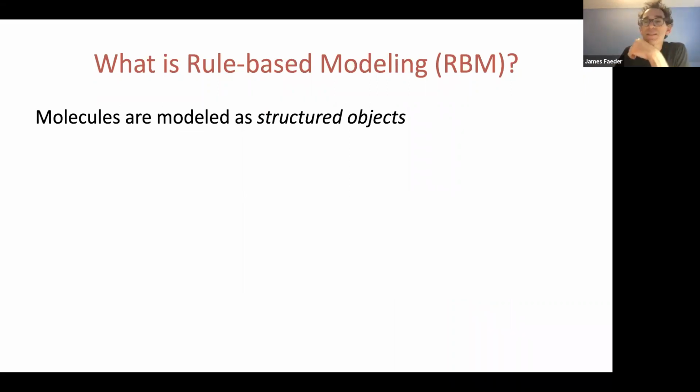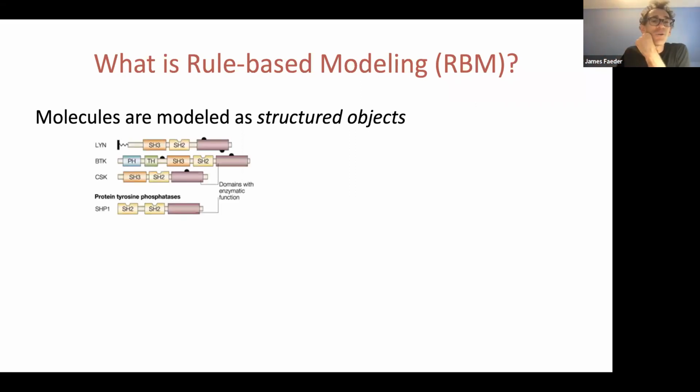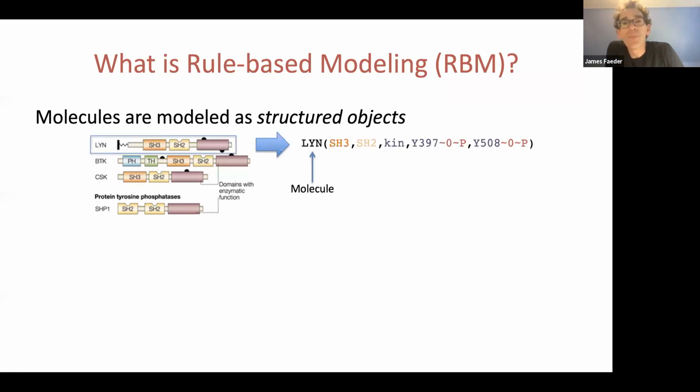So they have sites that can bind things, they have sites that can undergo post-translational modifications, they have components or attributes that can represent other complex properties. So these multifunctional enzymes that I mentioned before, like the Lin tyrosine kinase, it is a molecule, and we call these molecule types in the BioNetGen lingo.